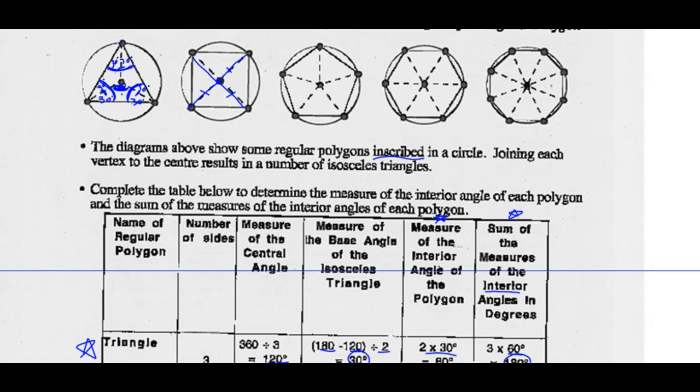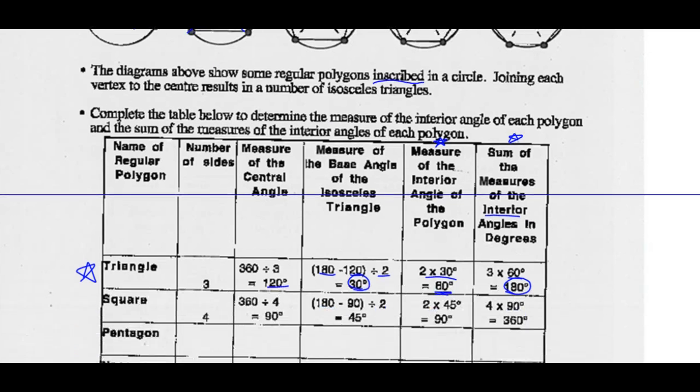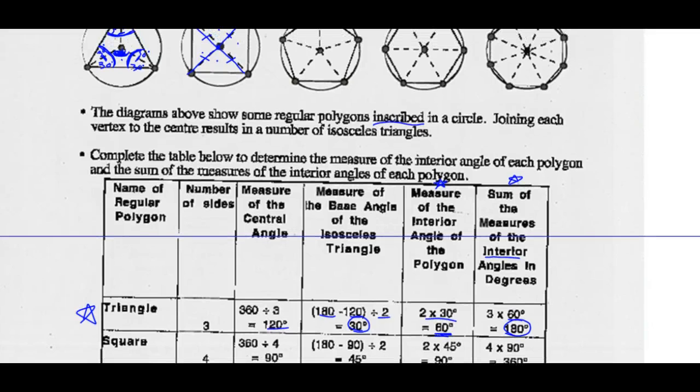So we've got now 1, 2, 3, 4 sides, 4 isosceles triangles. Again, the central angle is always 360 degrees because it's around a circle. But now I've got 4 triangles, so I divide 360 by 4. I come up with 90 degrees. So each angle here is 90 degrees.